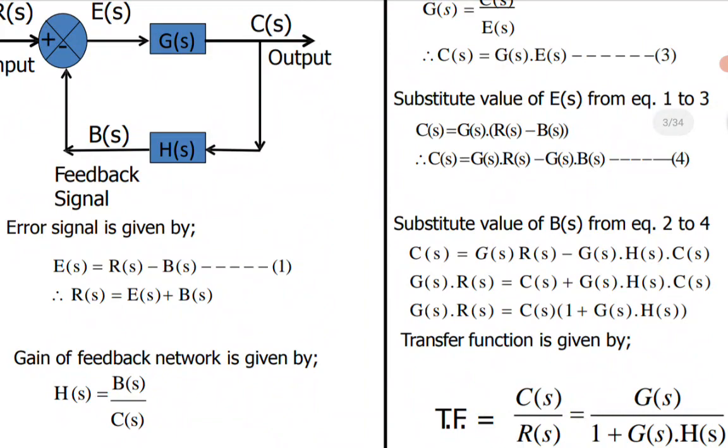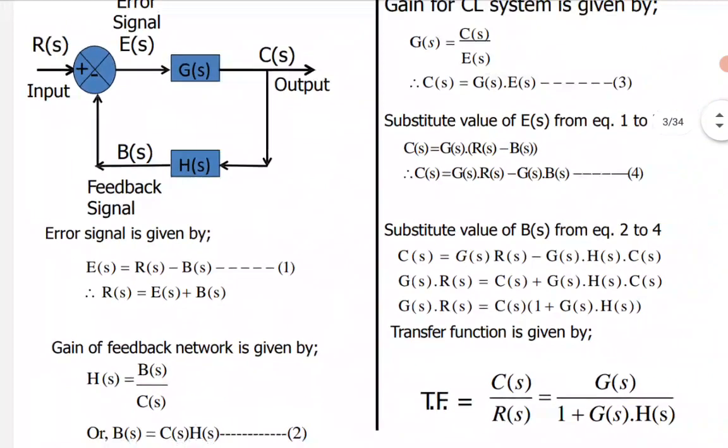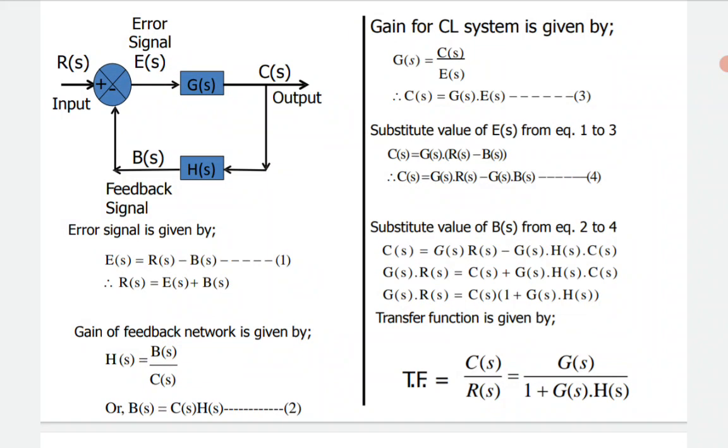That should be substituted here from equation 2 into equation 4. Then the respective mathematical simplification generates the transfer function of the entire negative feedback system: C of s by R of s is equal to G of s by 1 plus G of s H of s.